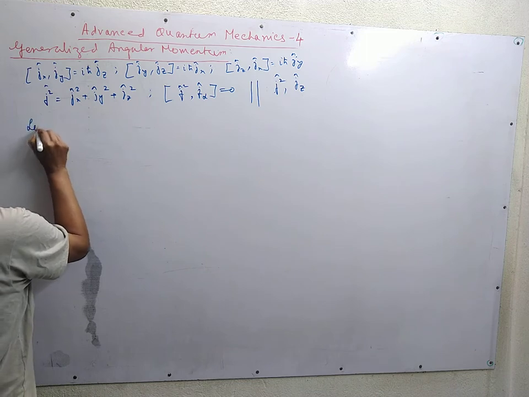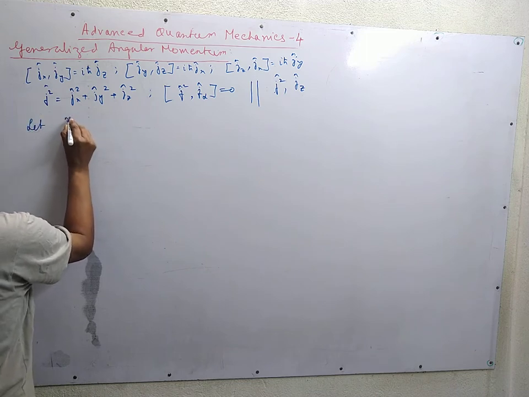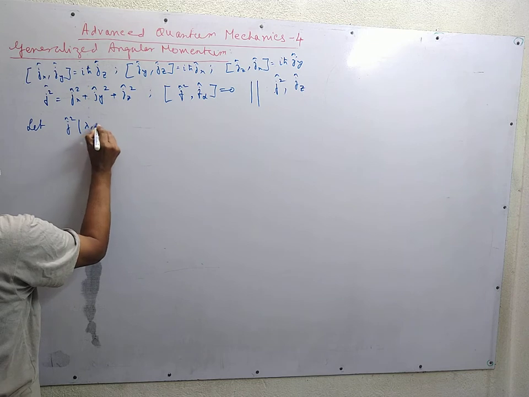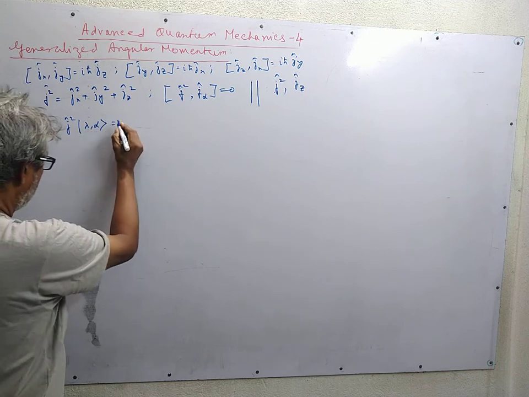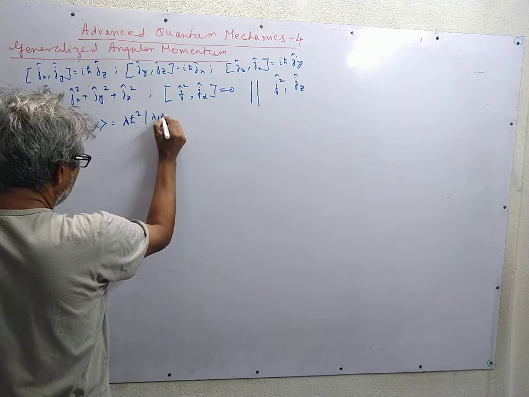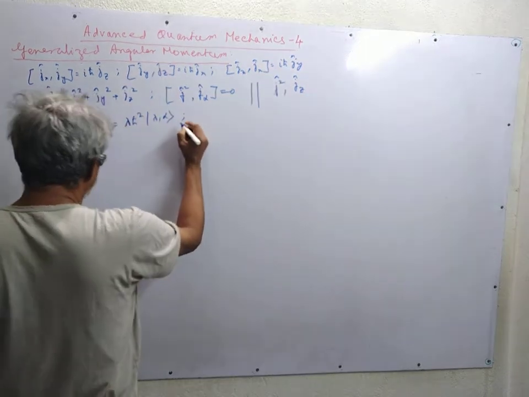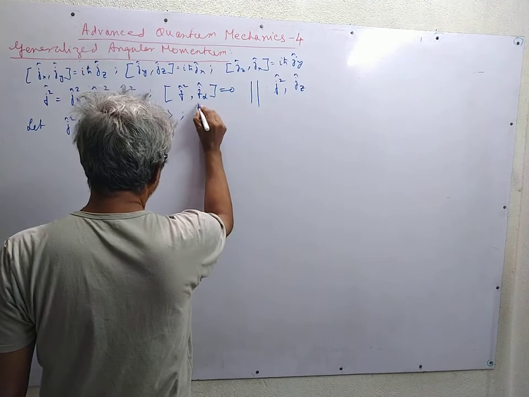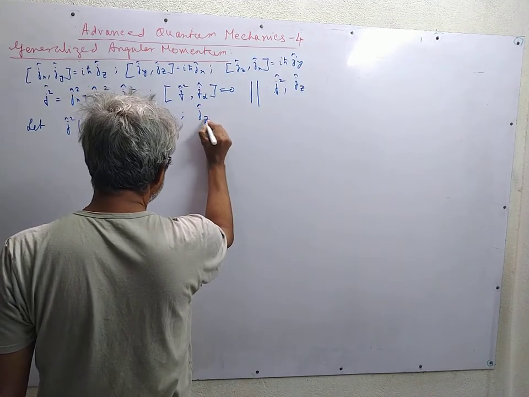Let J² be equal to λħ². We are using Dirac's bracket notation.